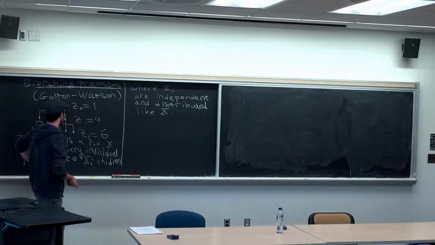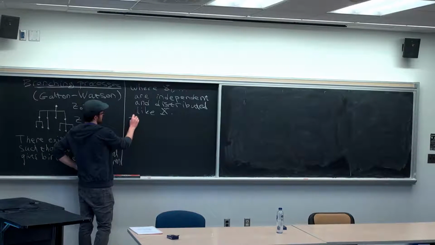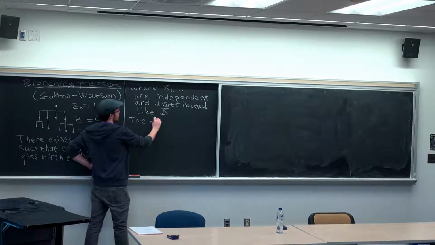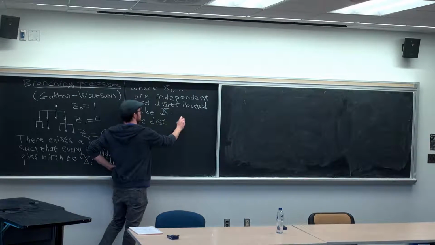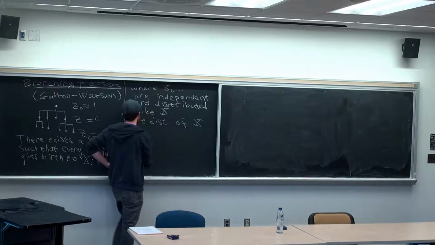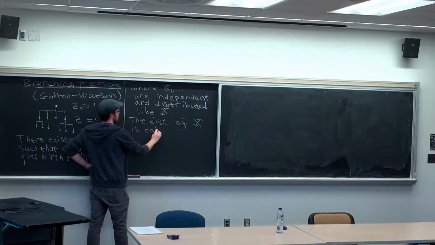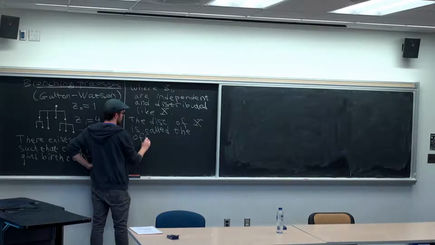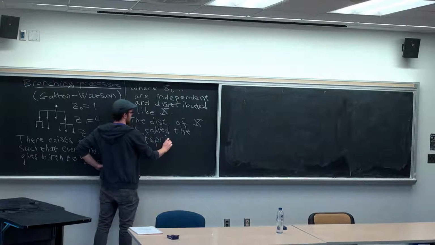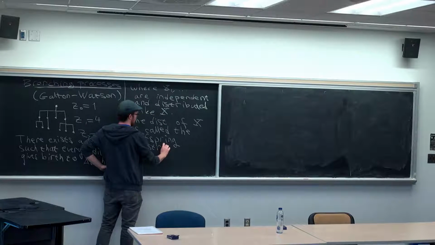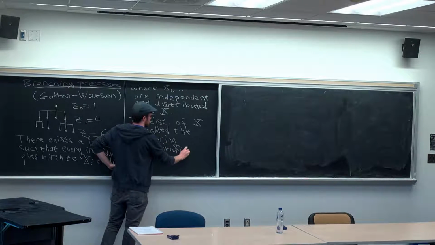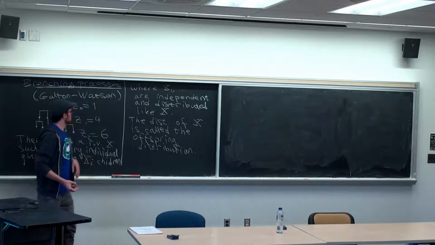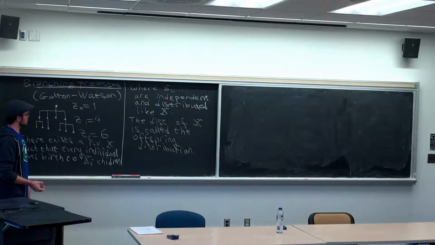So the distribution of X is the offspring distribution. Basic description of the problem.